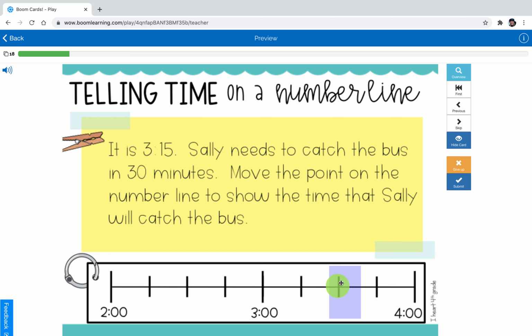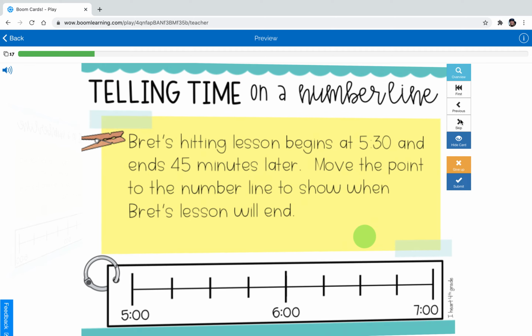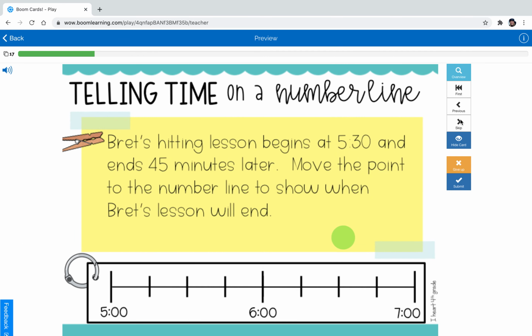Ready? 15, 30. Let's see if I got that correct. So now the new time, she catches the bus at what time? She catches it at 3:45. So think about that. Once you figure out where you plotted it, what's the new time? Ooh, I got that one right.